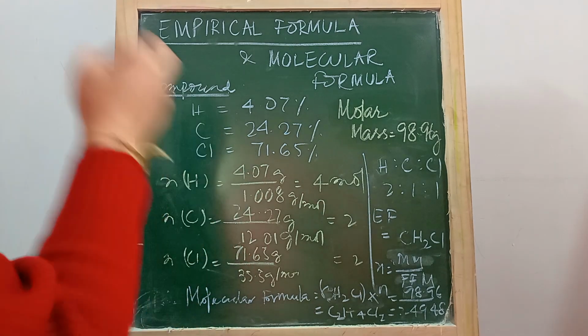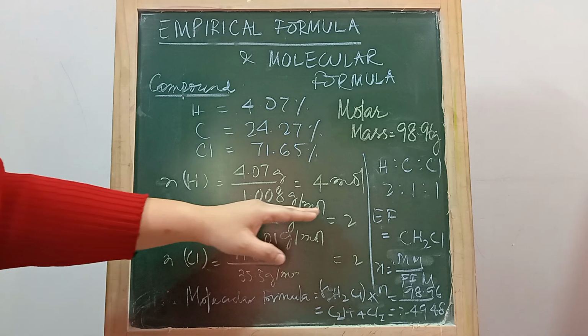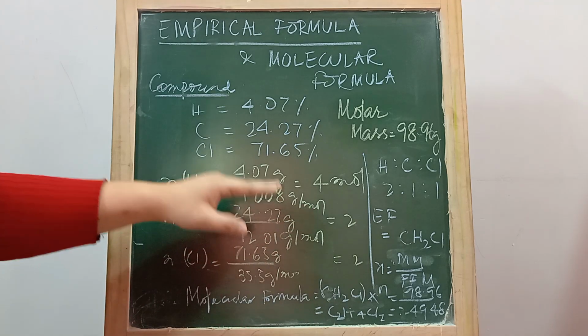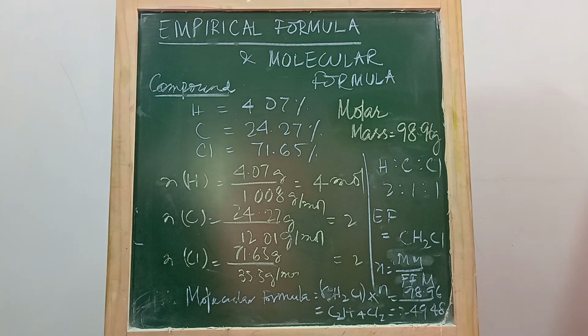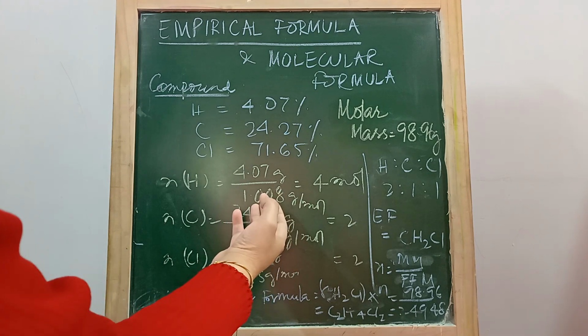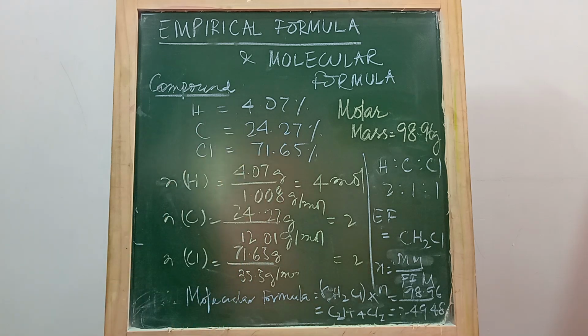Why are you dividing? You just apply simple logic. 1 mole of hydrogen means this much, so this many gram means how many moles? You divide, right? 1 mole means this much gram. If you're given this many gram, then how many moles are there? Surely you will divide.